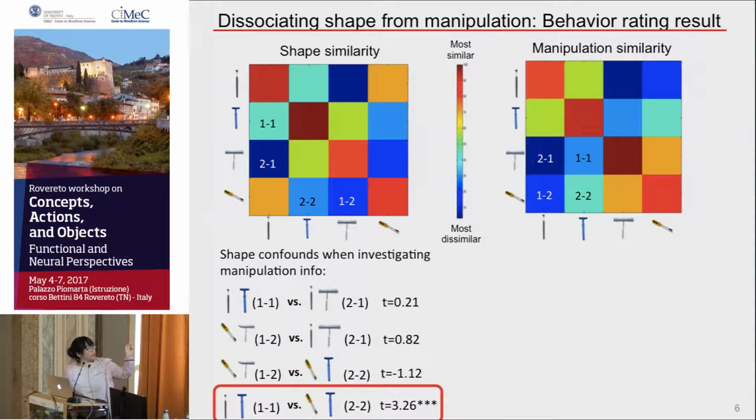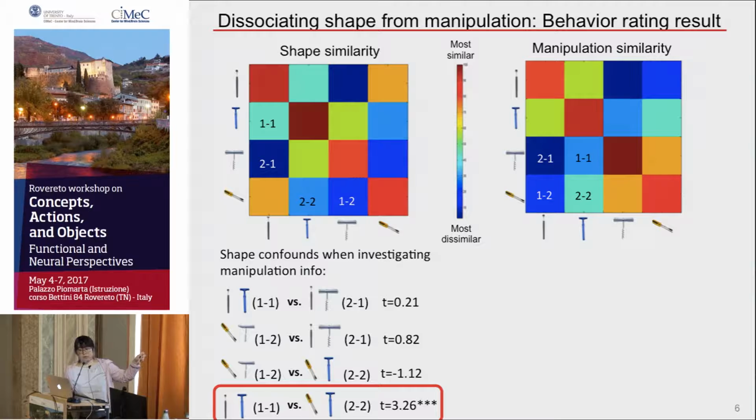We tested the pairs of interest, and for these 4 pairs, the last pair has a significant shape confounding effect.